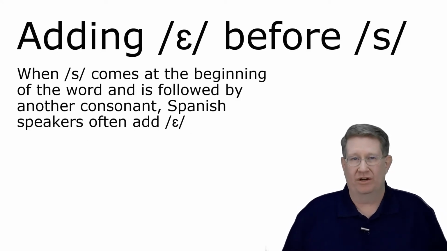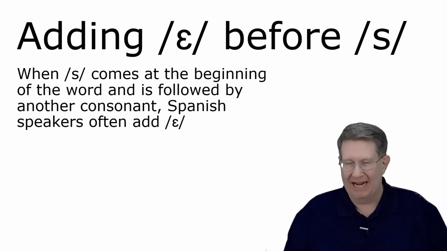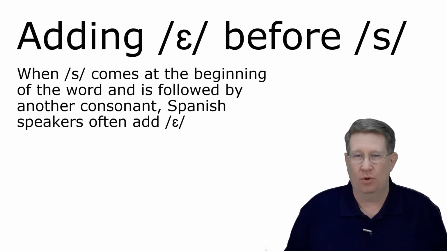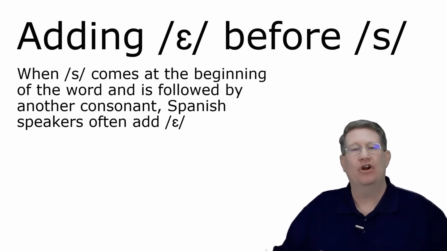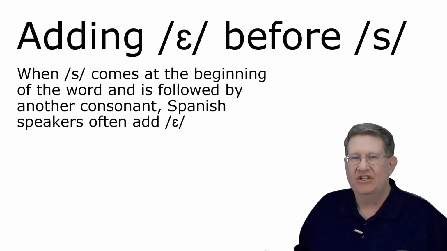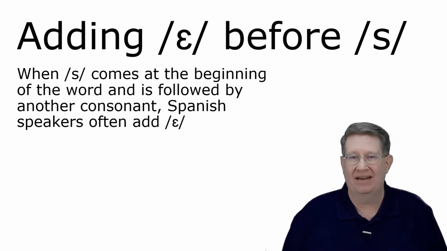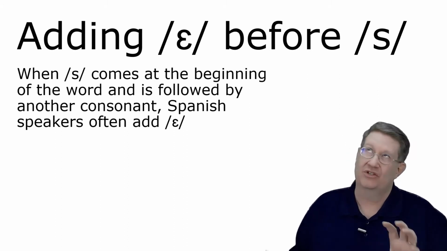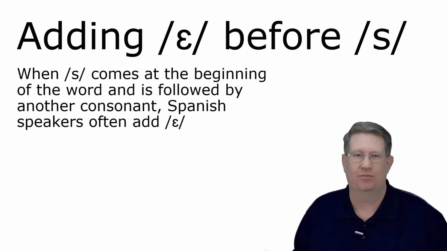The next problem we're going to look at is adding an E sound before an S sound at the beginning of the word. So when S comes at the beginning of the word and is followed by another consonant, Spanish speakers often add an E. So you can see there's a specific time when we have this problem.